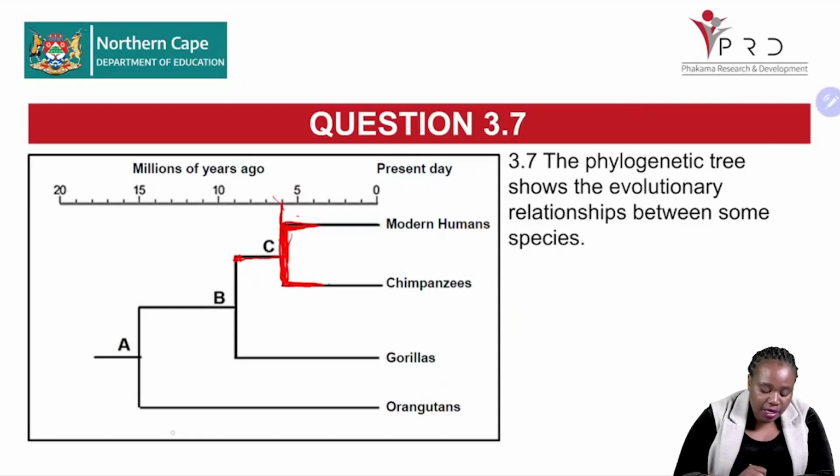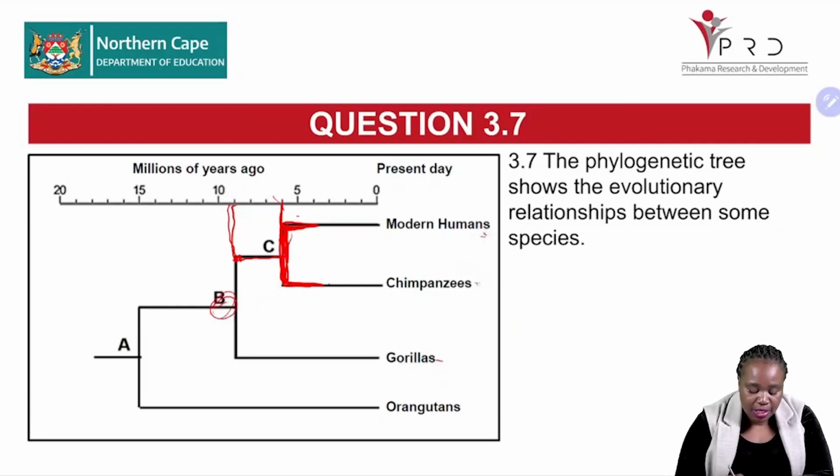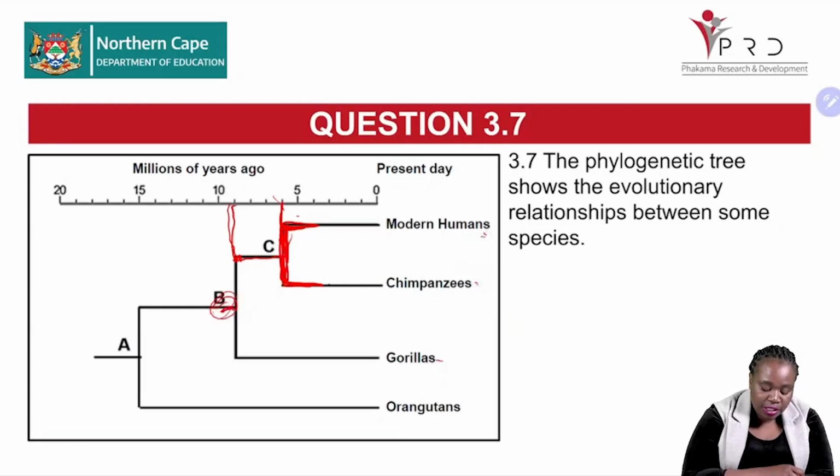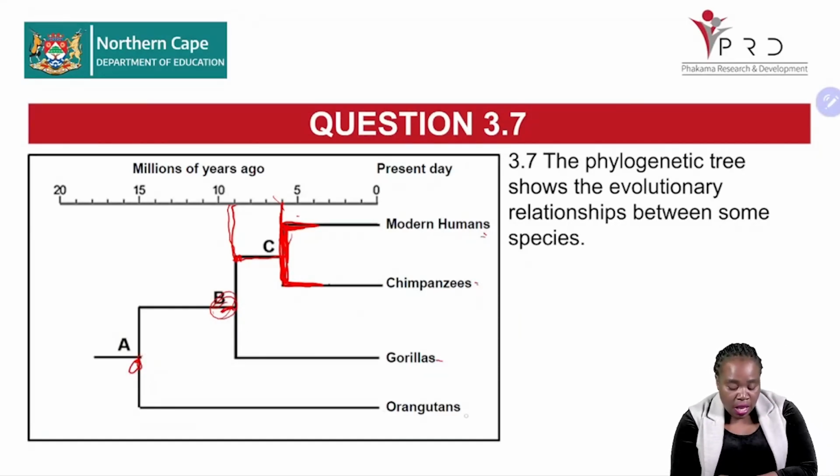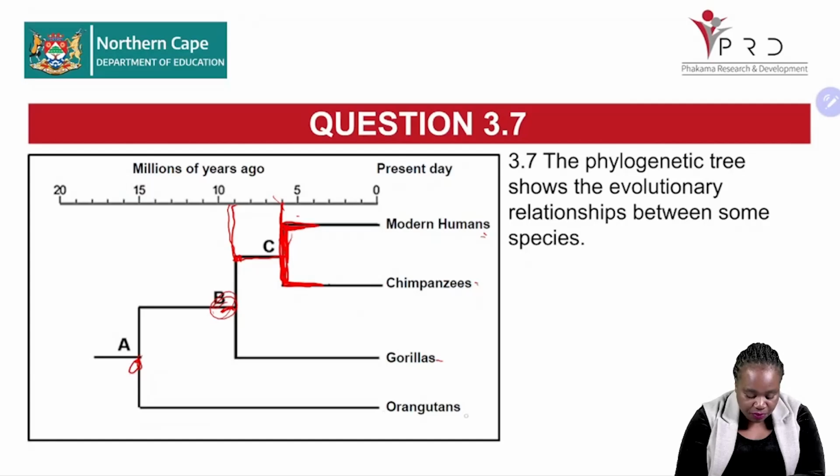Right. And then at B, we have the branching here to the gorillas, which tells us then that the modern humans are more closely related to the chimpanzees than the gorillas, because the gorillas are branching from something different from those two. And then lastly, at A here, we are shown the branching into B, and we are also shown the branching of the gorillas as well as the orangutans.